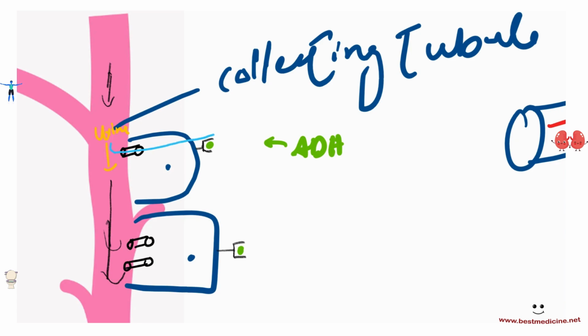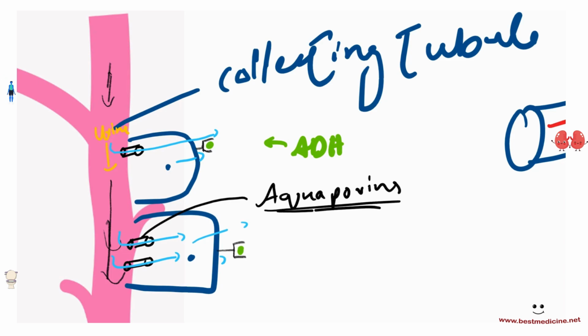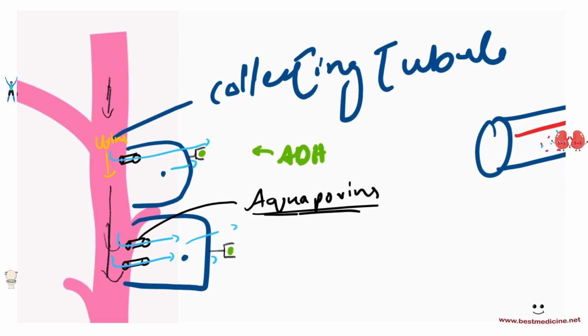And water, surely enough, is going to start moving into the body, okay? Now these channels, because they form pores for water, are called aqua for water and porins, right? Aquaporins. ADH stimulates the collecting tubule cells to increase the numbers of aquaporins so that water can move back into the blood.